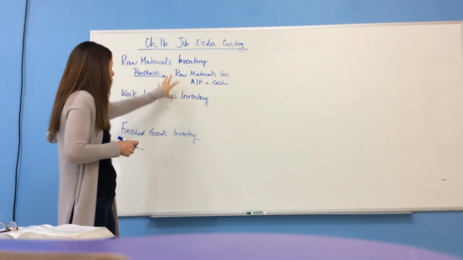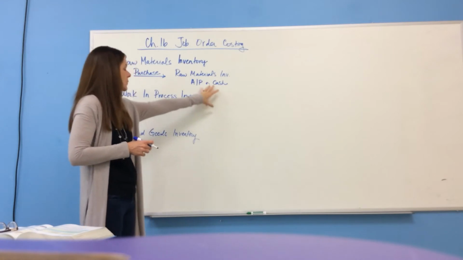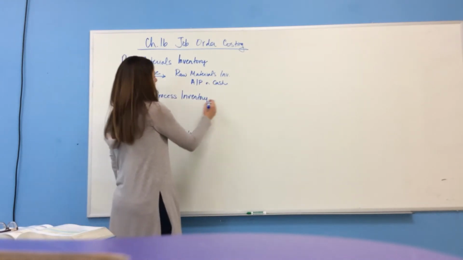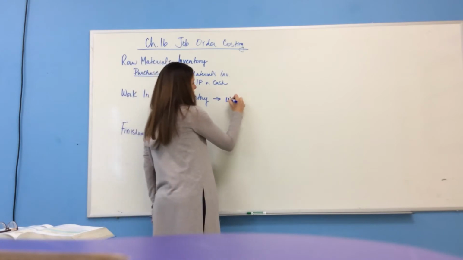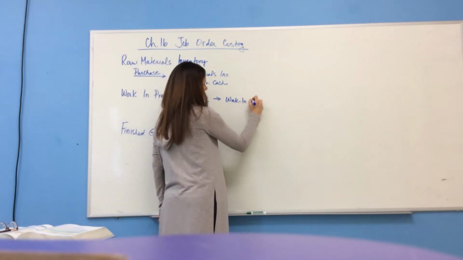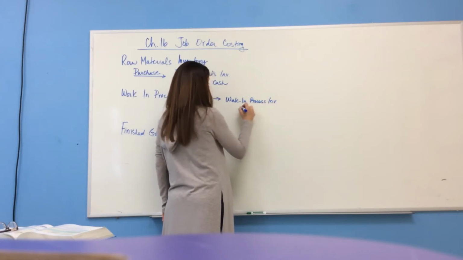Now, when the raw materials move into the process of work in process inventory, you're going to debit work in process, and you're going to credit raw materials.